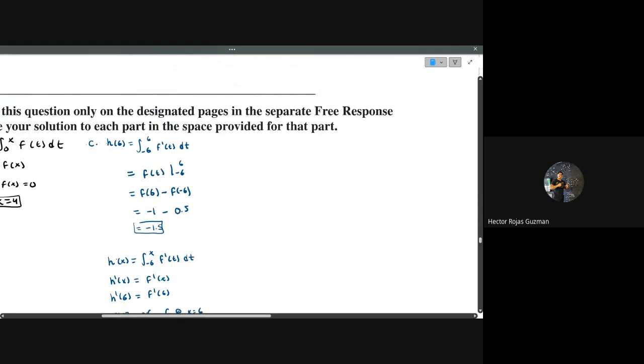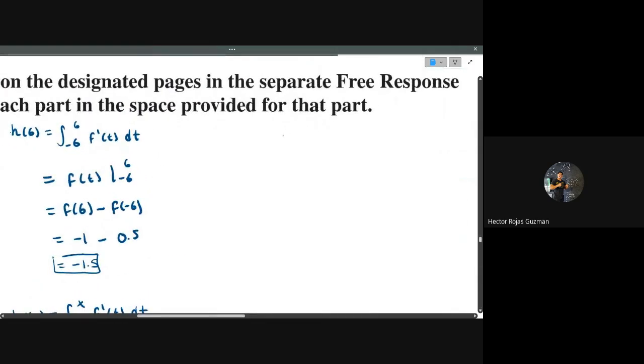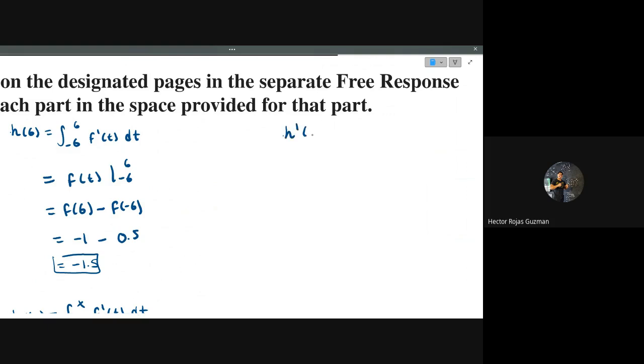Now, one last one. We got to find h double prime of 6. This is where we left off previously. So my second derivative is going to be the second derivative of f. So h double prime of 6 is going to equal f double prime of 6.